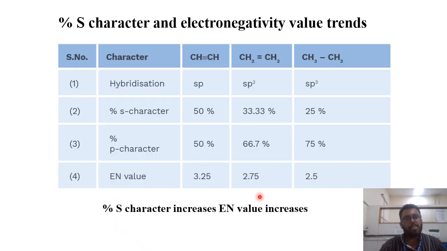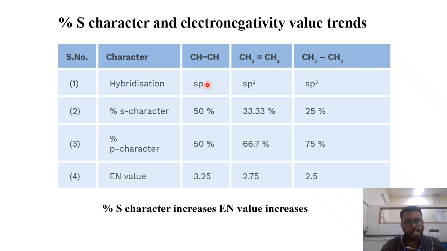S character depends upon the covalent bond. For example, you have to calculate the percentage s character, and the electronegativity value trends can also vary. For instance, hybridization. Let's take examples like acetylene, ethylene, and ethane: triple bond, double bond, and the simple aliphatic compound with sp3 hybridization.